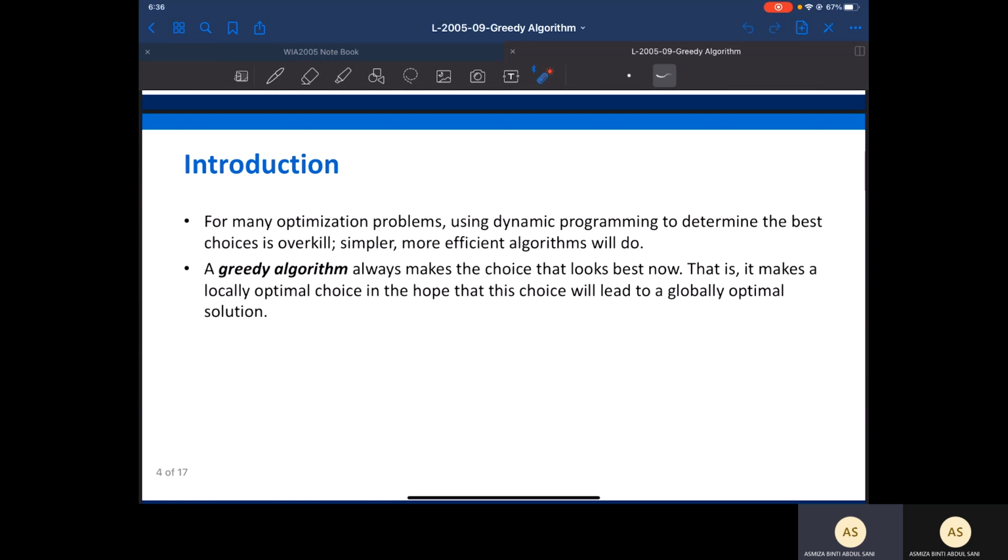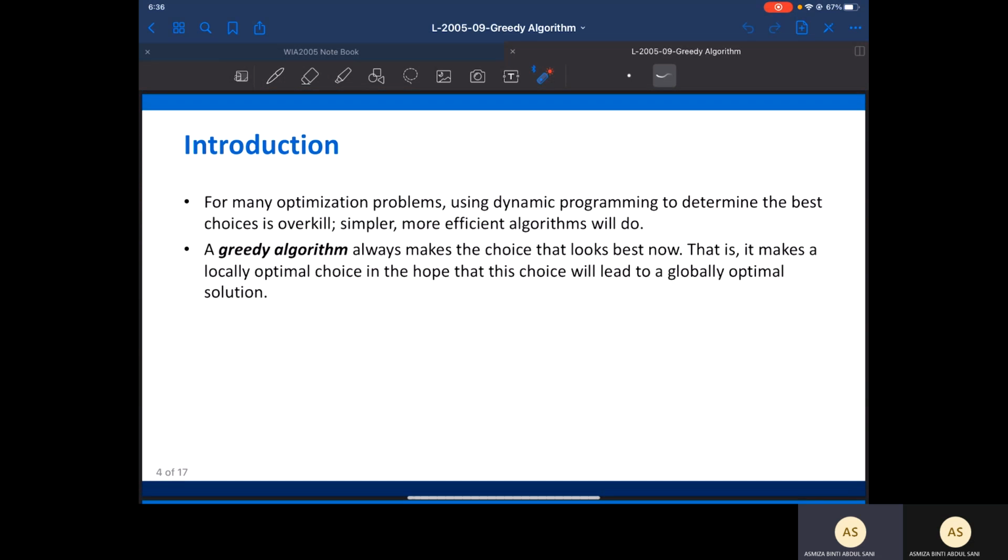But usually, when you apply the greedy algorithm, normally you will not get the most optimal solution in the end, particularly for optimization.